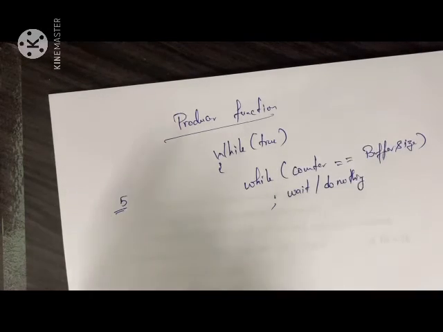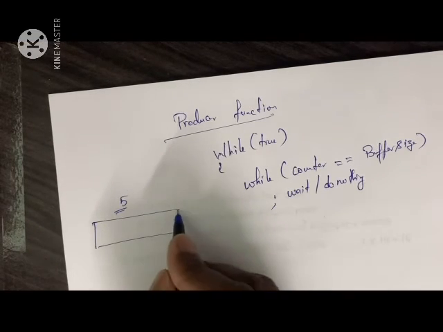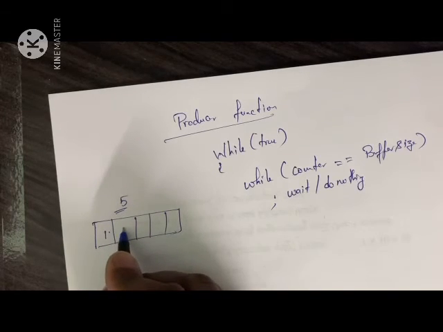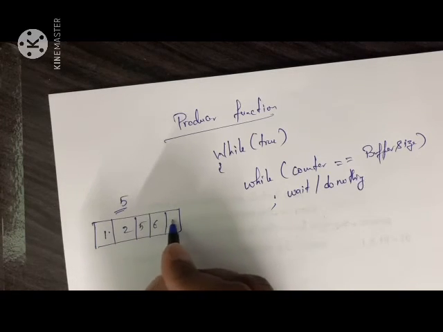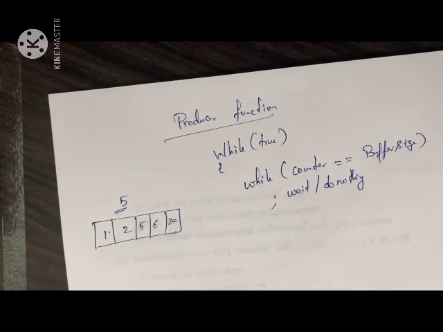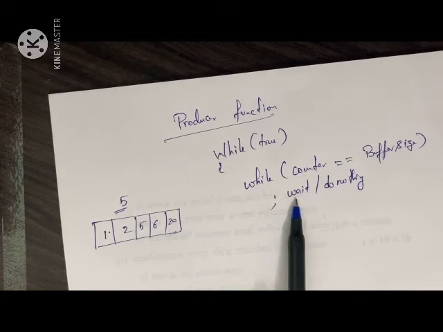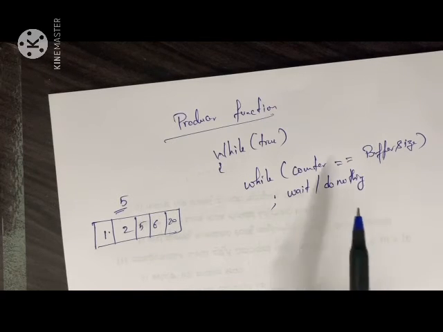Okay. So this says when the buffer, which has 5 locations, has some elements like 1, 2, 5, 6, 20, all 5 elements filled, then the producer function will be waiting until the consumer has consumed. It will not do anything, that is, do nothing.